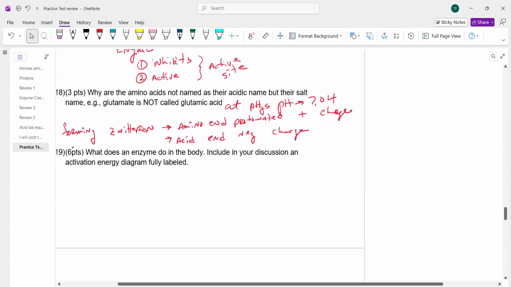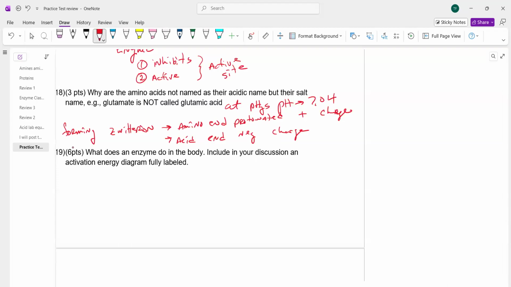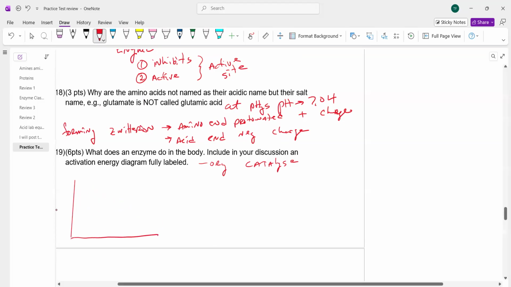Okay, what does an enzyme do in your body? An enzyme is an organic catalyst, and catalysts lower the activation energy. So if we did a diagram, where this is energy, potential energy, or Gibbs free energy, you're going to get a curve like this.